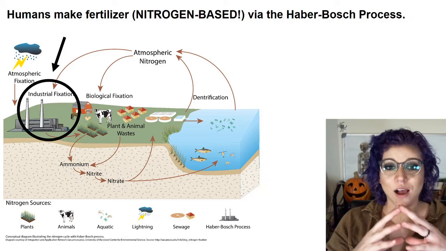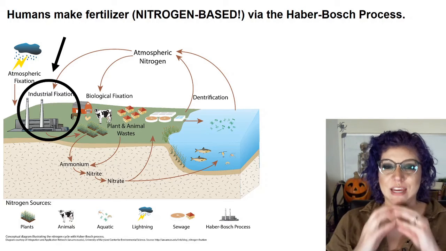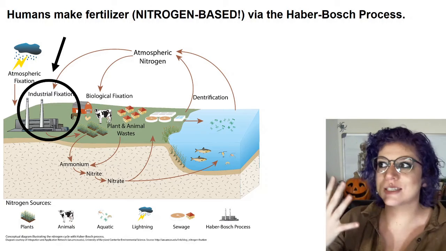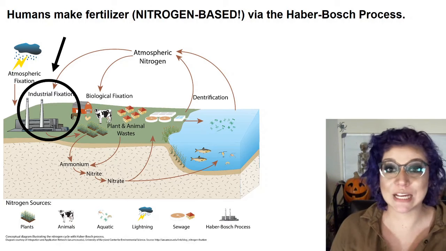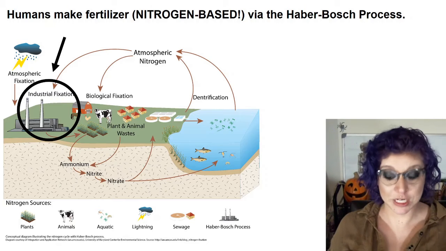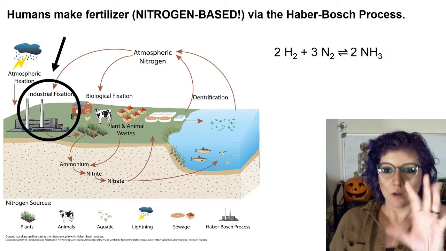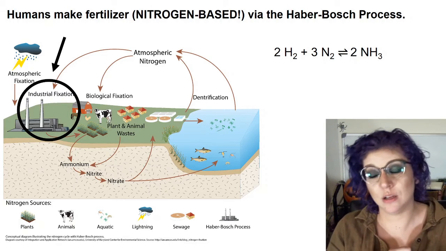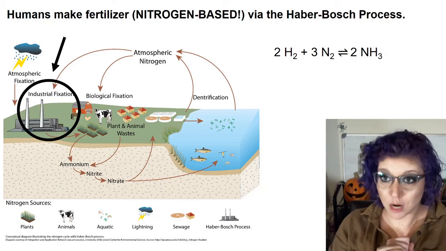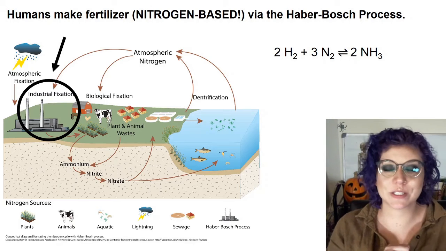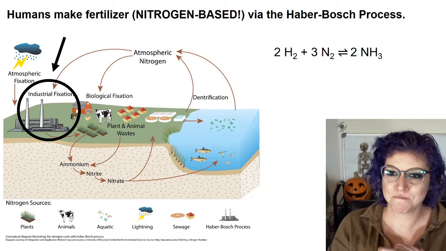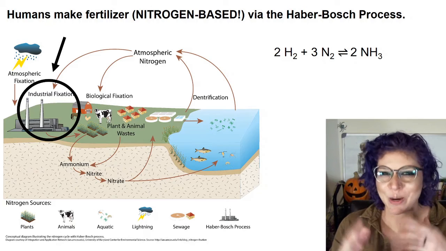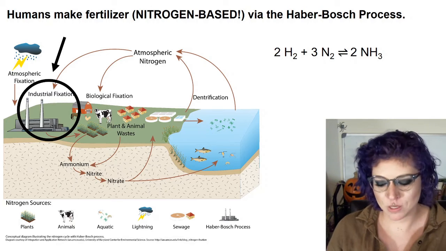So I want to look at this industrial fixation step. Again, we're creating this nitrogen-based fertilizer in factories. This is the fundamental chemical equation that is the Haber-Bosch process. Haber and Bosch are the two dudes who developed it. We're going to learn how to read these equations later on, but I want to start to prime your brain.